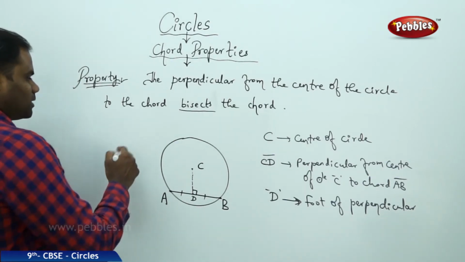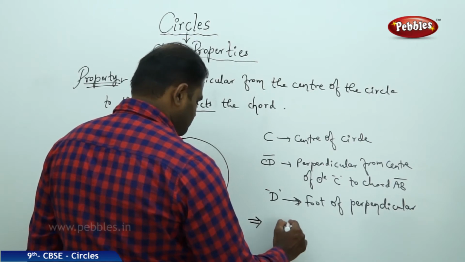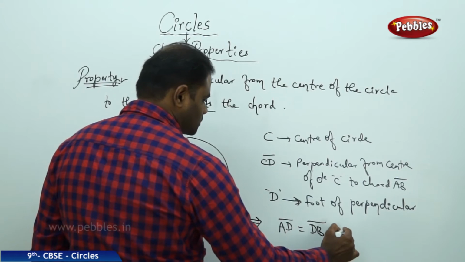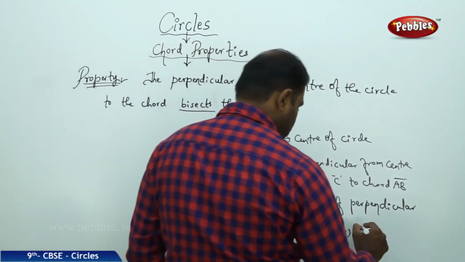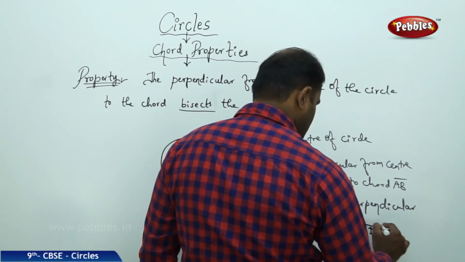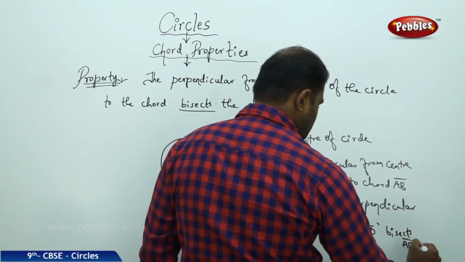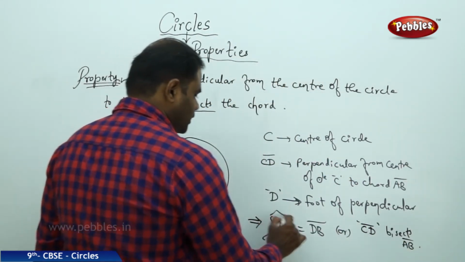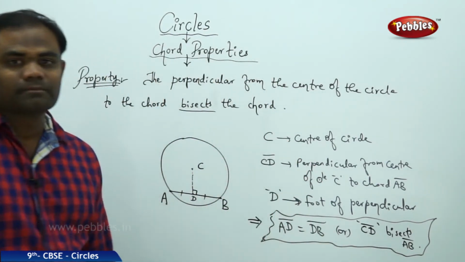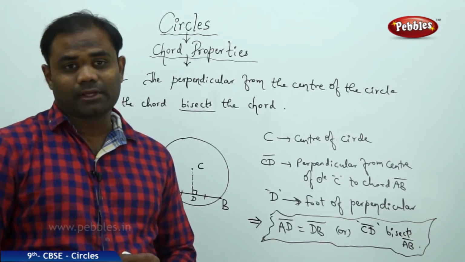So the property says AD must be equal to DB, or CD bisects AB, is how we understand the learning outcome connecting the perpendicular from center of circle to the chord AB.